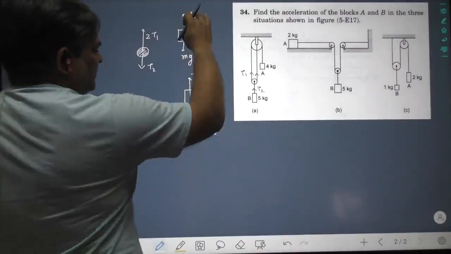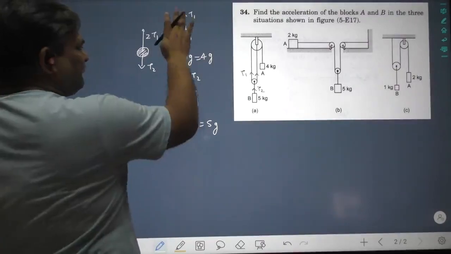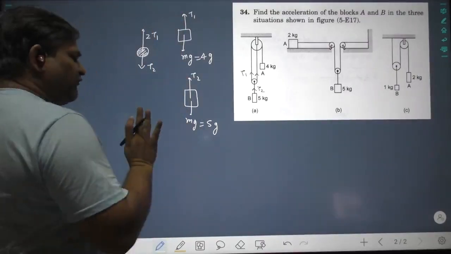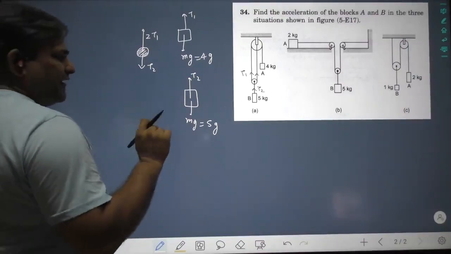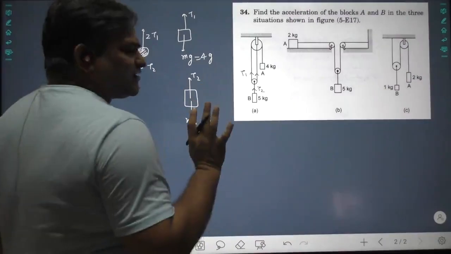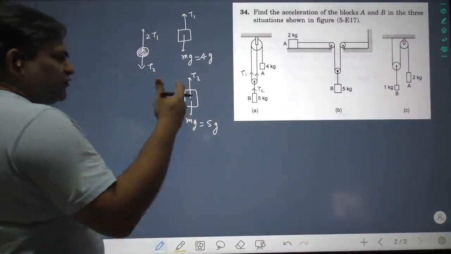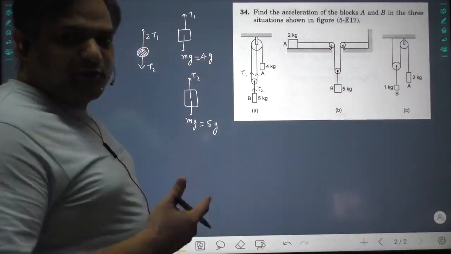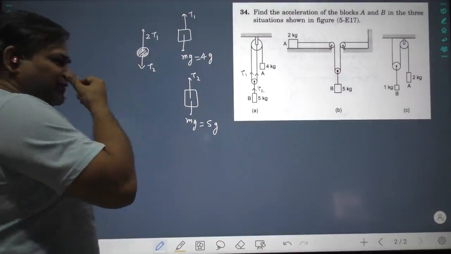Now, presently I have only written down the forces. Now we have to write down the acceleration. Please understand. Let us see the acceleration part. For a massless object you never write down acceleration because it is not required, because the forces are always balanced.